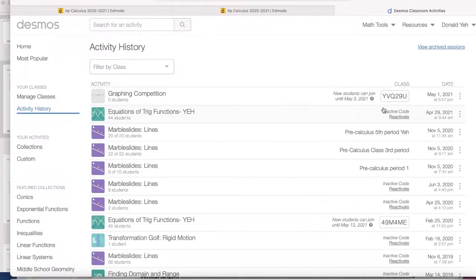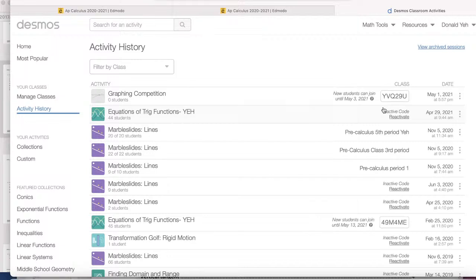And basically, the idea is, hold on. You're going to go to student.desmos.com, and I'm going to show you some illustrations of what other people did.